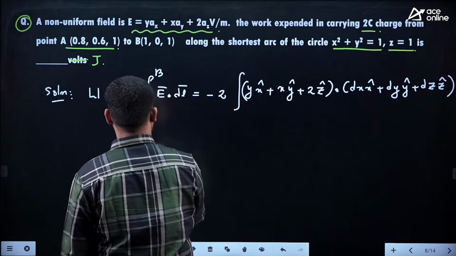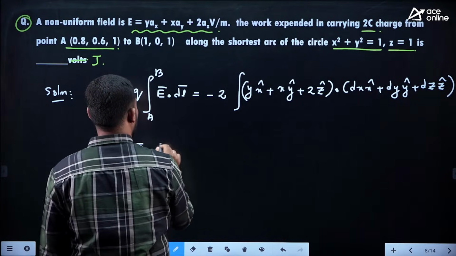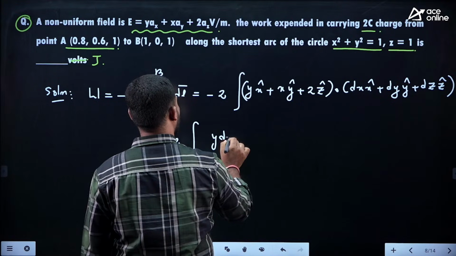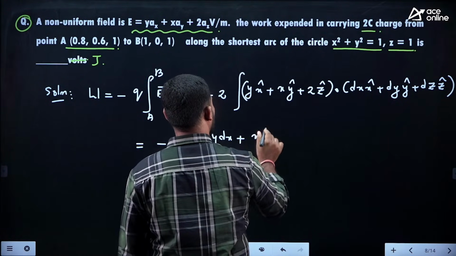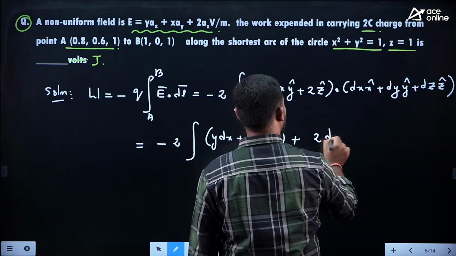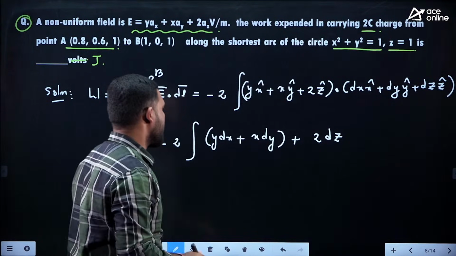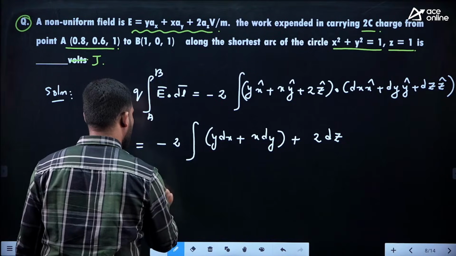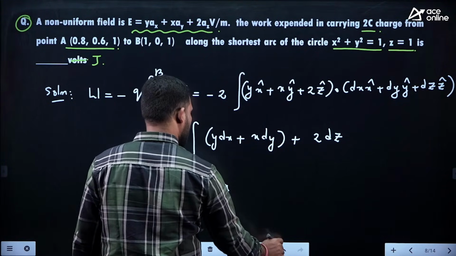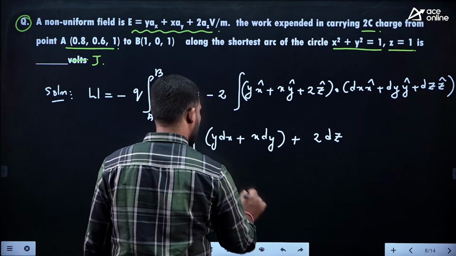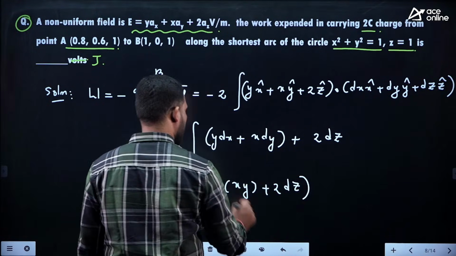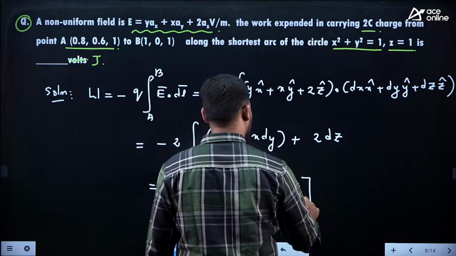So this one is y into dx plus x into dy after the dot product, plus 2 into dz. This is the integrand. It is d(xy) plus 2 into dz. So we don't even require this integral.